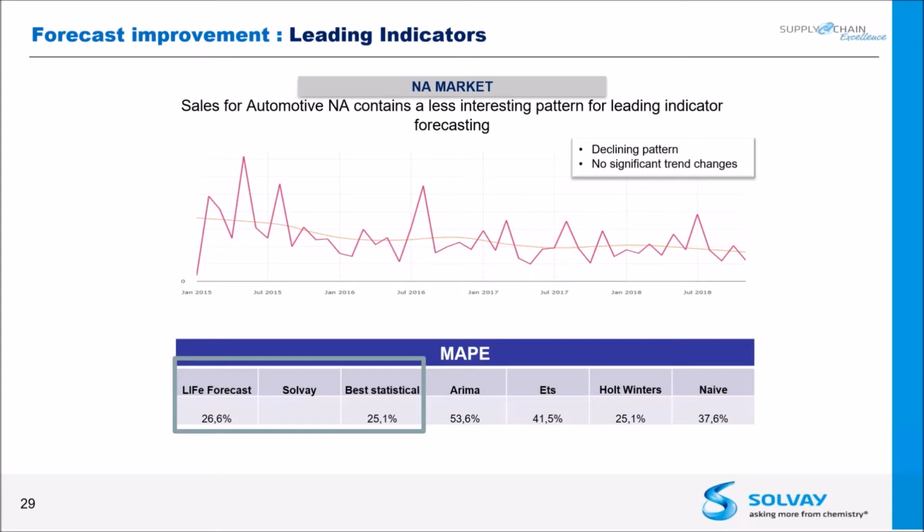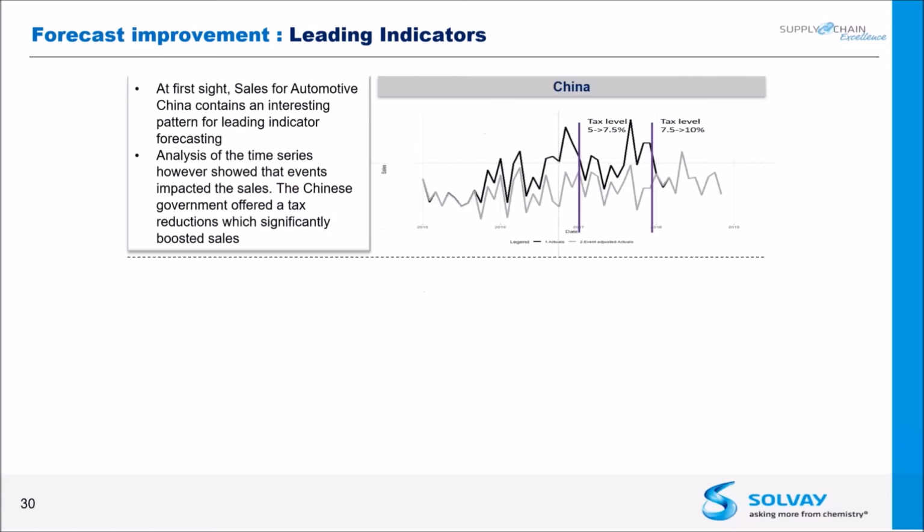In our case, for that specific segment of the market, we are not using statistical models, so we can also consider using the leading indicators because the results are very similar to the statistical models.